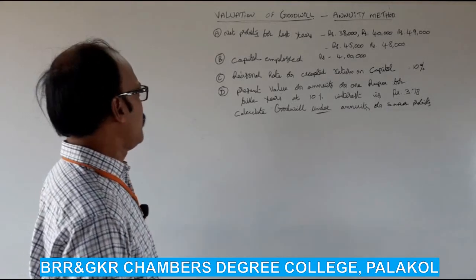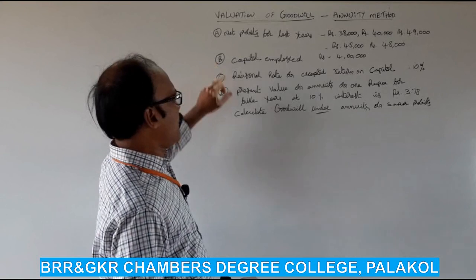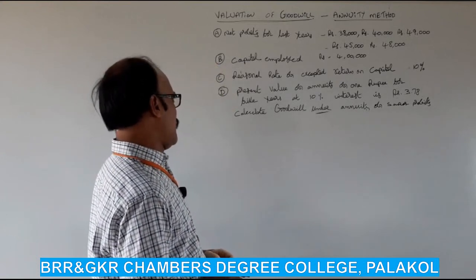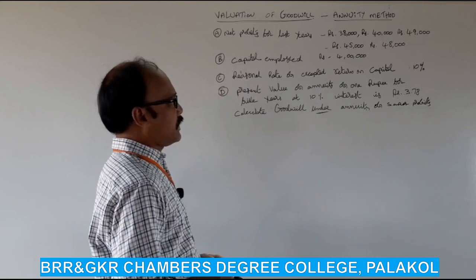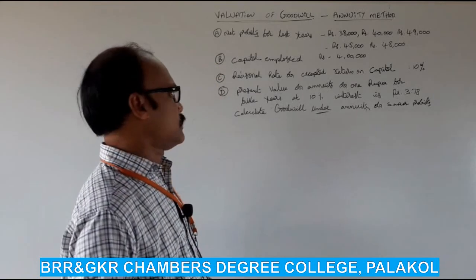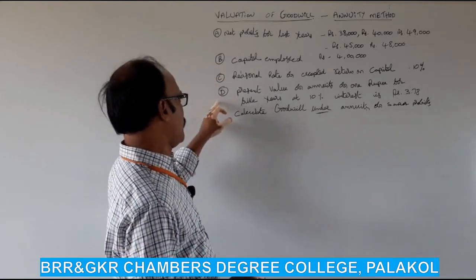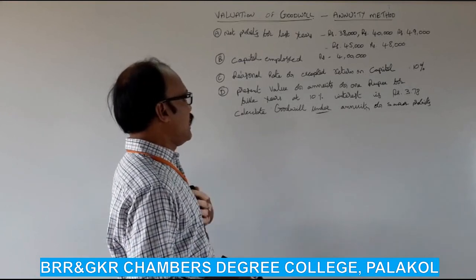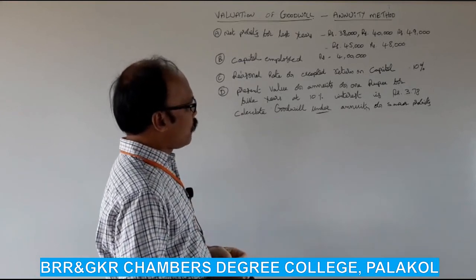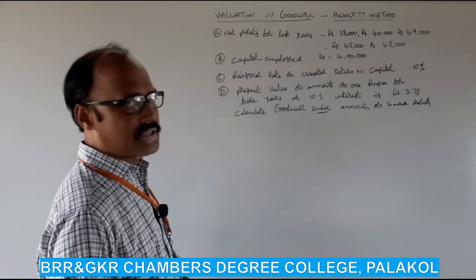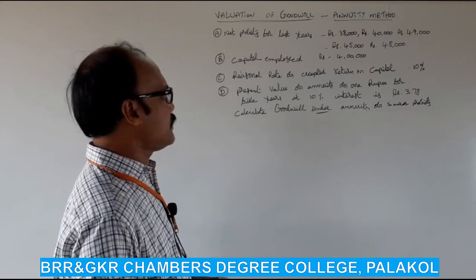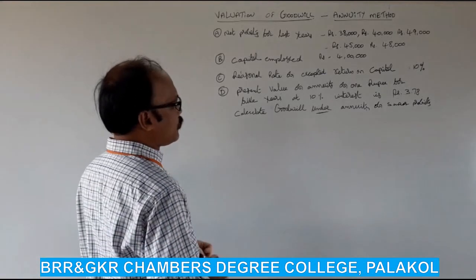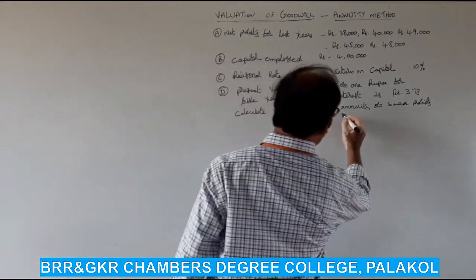Second point, capital employed rupees 4 lakhs. Third point, reasonable rate of expected return on capital 10%. Fourth point, present value of annuity of 1 rupee for 5 years at 10% interest is rupees 3.78. Calculate goodwill under annuity of super profits.